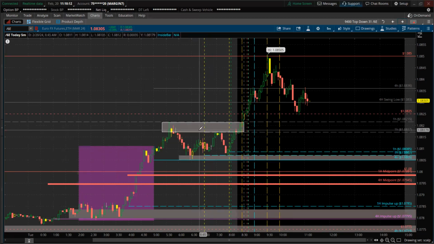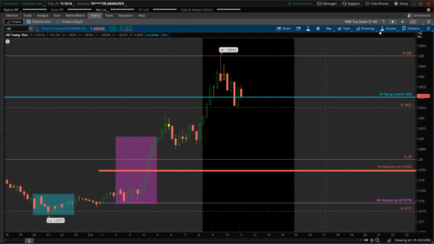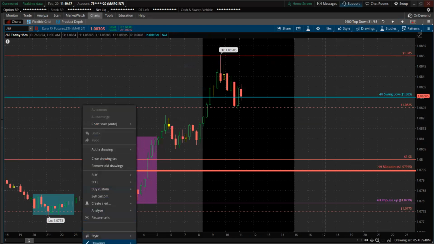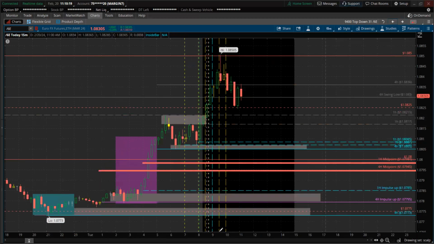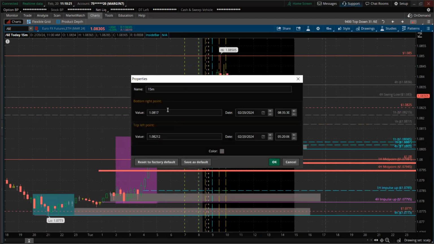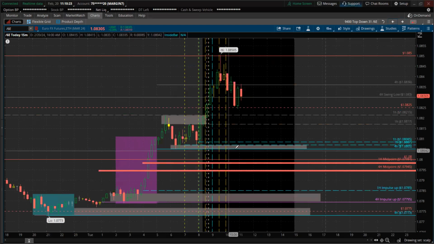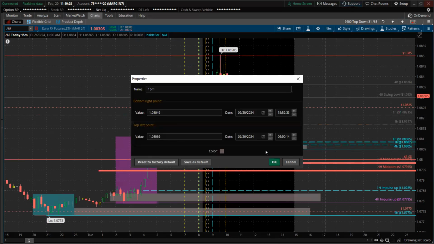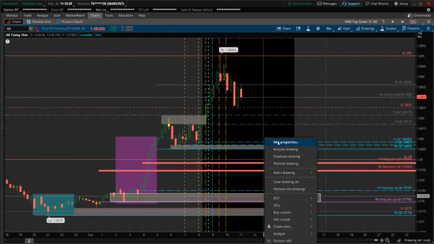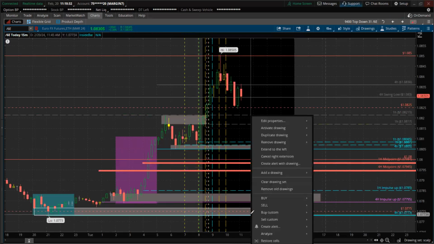And these zones I drew were off the higher time frames. I think they were in the 15-minute. Yep, this was the 15-minute. Let me double check this one. 15-minute, and these might be the 1 hour or the 15. Okay, these zones.